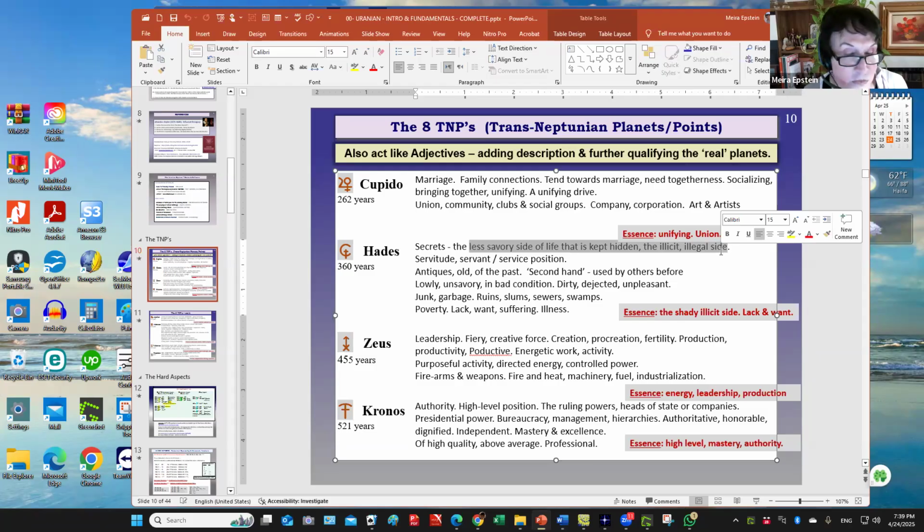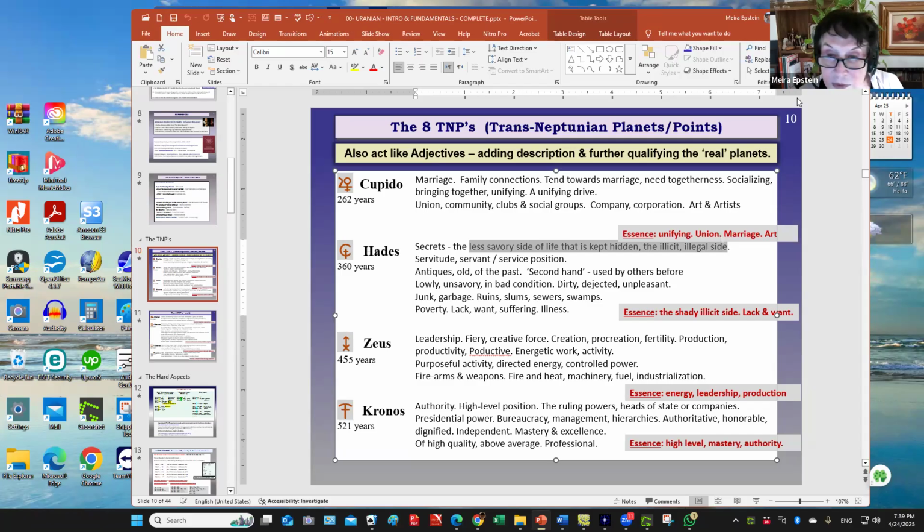The others have nothing wrong with them. I'm saying this because people who do not know Uranian think that Uranian is dark and difficult and morbid. None of that is true. Not at all. So this is Hades, the illicit, illegal, whatever.